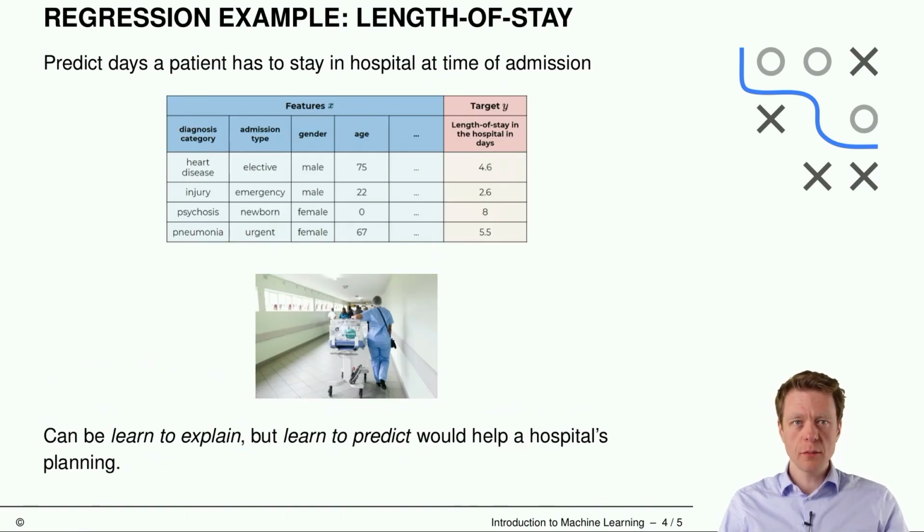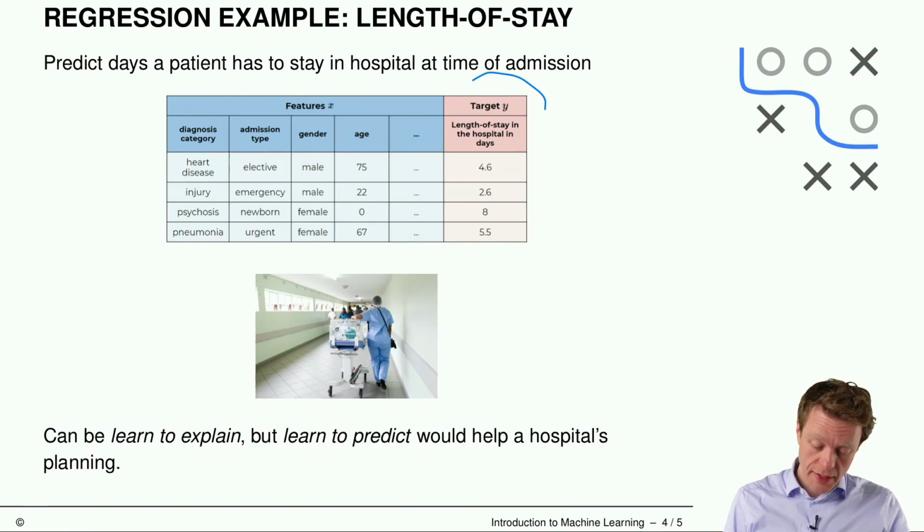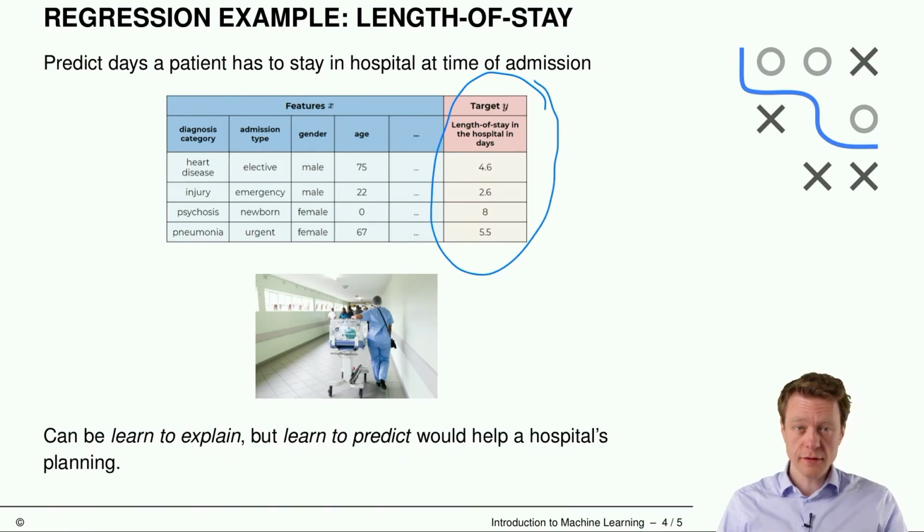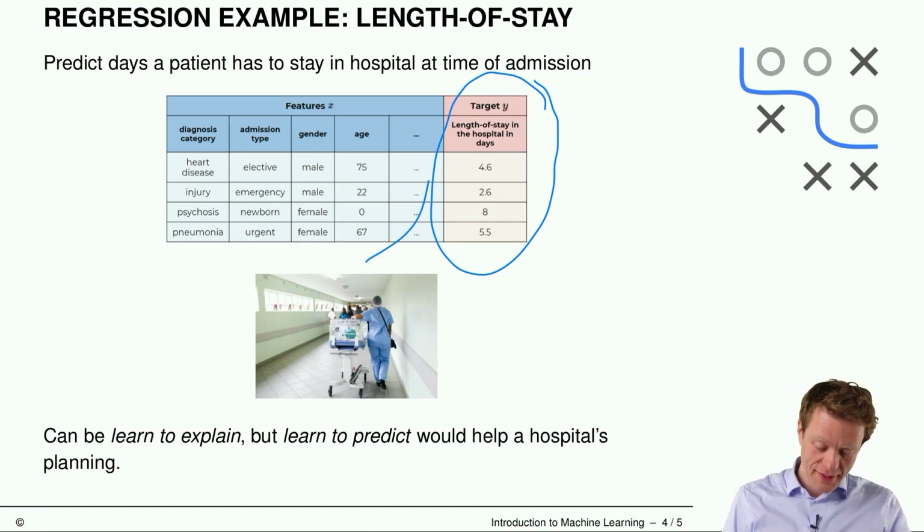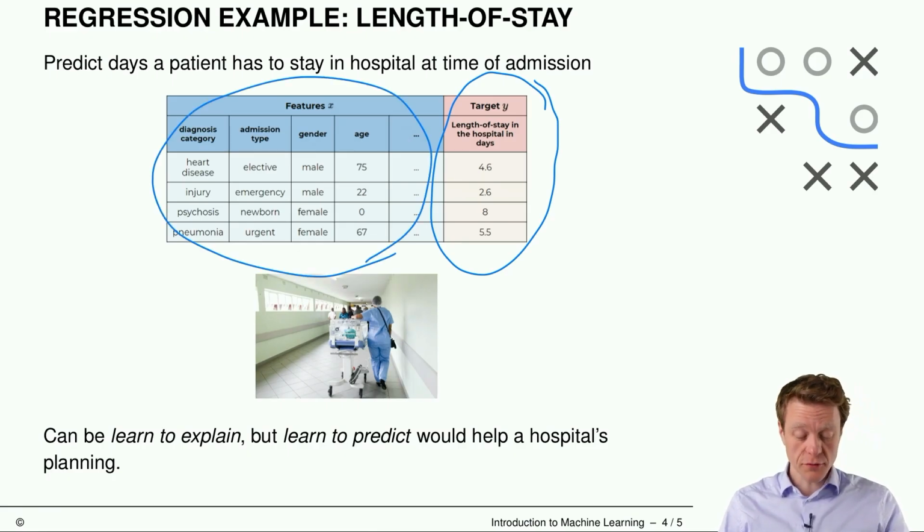Second regression example is the length of stay in a hospital. So as target variable, we have the days a patient stays in the hospital or has stayed in the hospital, of course, for historic data. And we have features x: the diagnosis, admission type, gender, age, and others. Also here, learning to explain or learning to predict could be helpful.